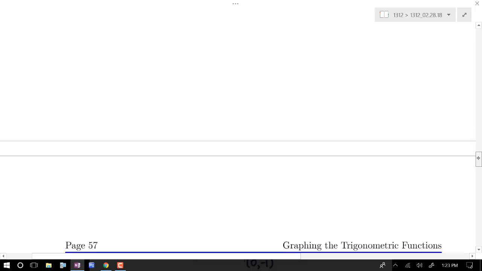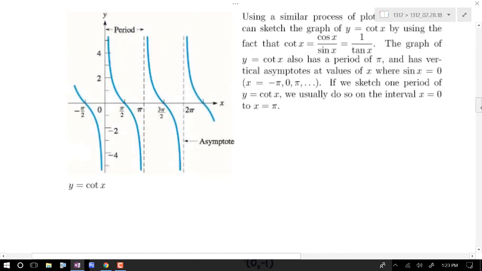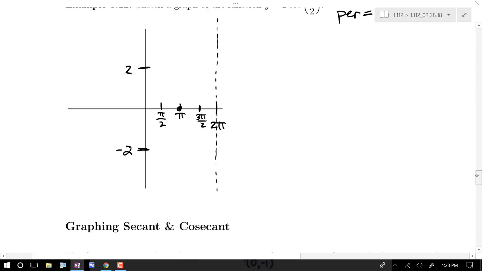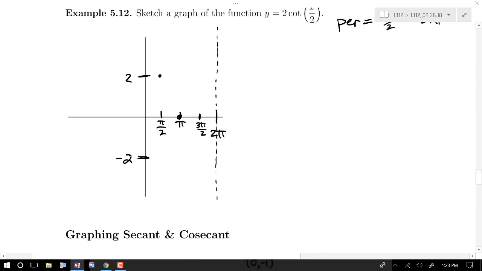Cotan has the same basic shape as tangent but kind of upside down. So it starts upward and then comes back down, which means in our sketch, at pi over 2 we'll be at positive 2, at 3 pi over 2 we'll be at negative 2. And there's our sketch.